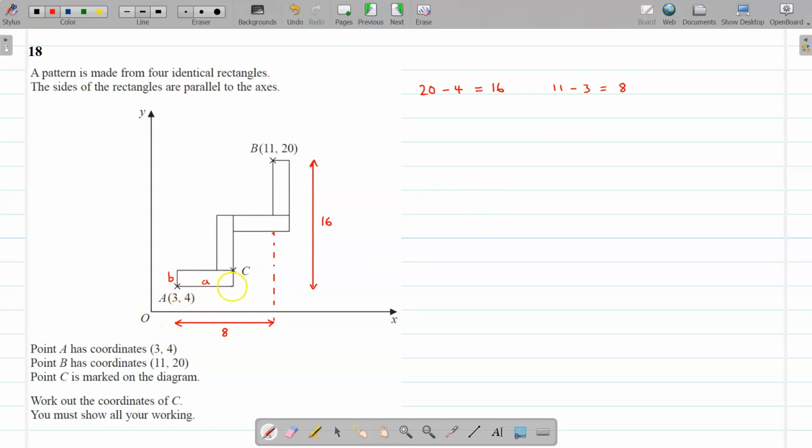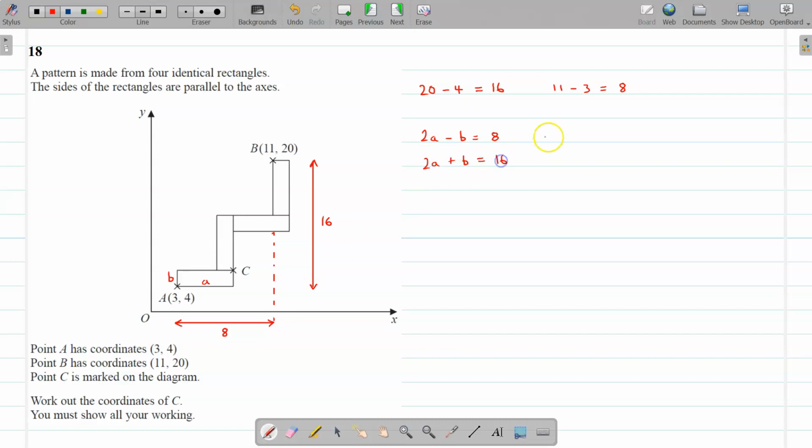I've got an A, and also another A minus a B. So 2 lots of A minus B must be 8. And going vertically, I've got 2 lots of A plus B. So 2A plus B is 16.